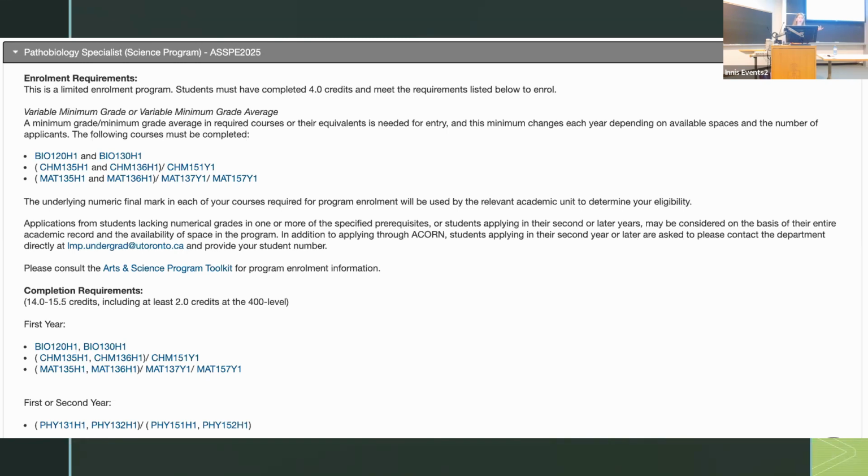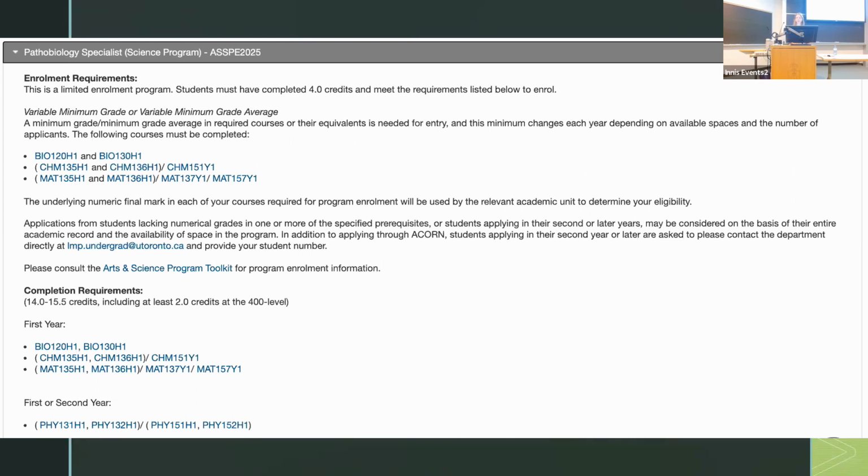But there may be, as is the case with this pathobiology specialist, courses that you need to take in your first year or second year. So in this example, you can take biochem and calculus in your first year, and you can choose to take physics in an upper year without jeopardizing your progress in the program or your admissibility to the program.